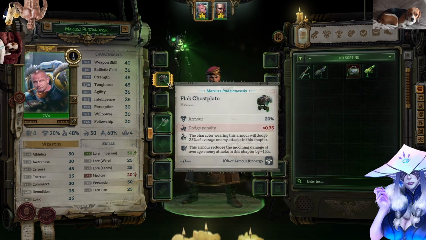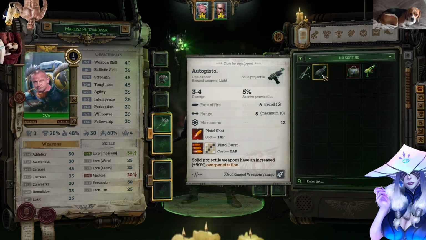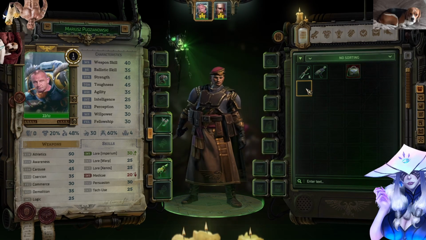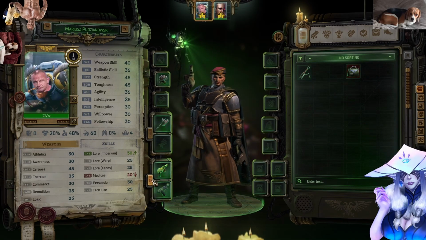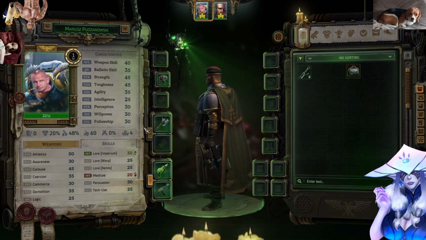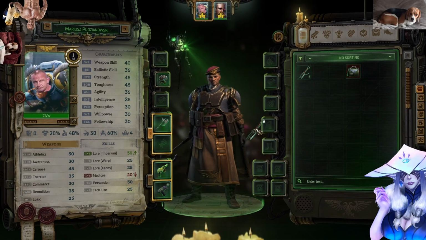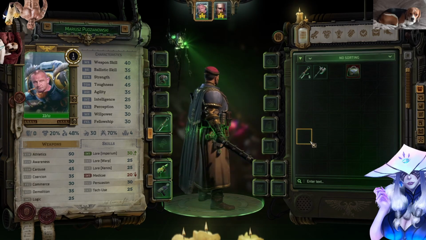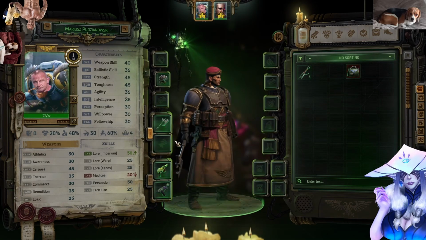Flak chest plate. The character wearing this armor will dodge 23% of average enemy attacks in this chapter. The armor reduces the incoming damage of average enemy attacks in this chapter by 15%. Okay. Can I have a Kimbo? Oh, you can have a Kimbo. I mean, not if we're gonna do it, but... A sword. Yeah, no. Fuck swords.